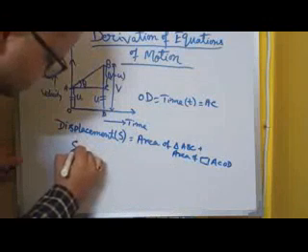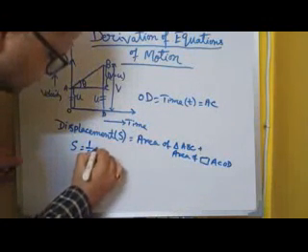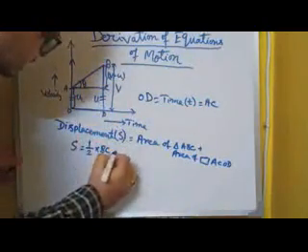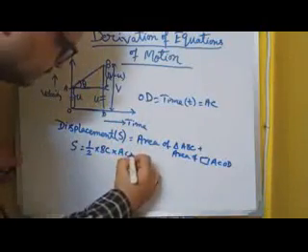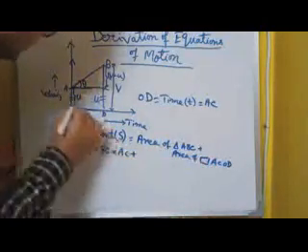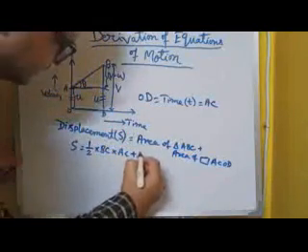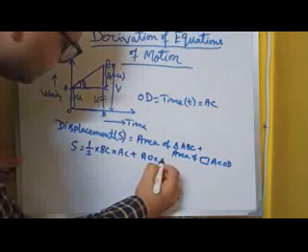So S is equal to half into BC into AC plus the area of the rectangle, that is AO into OD.